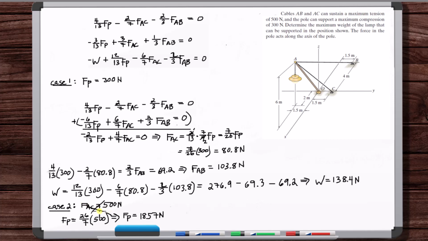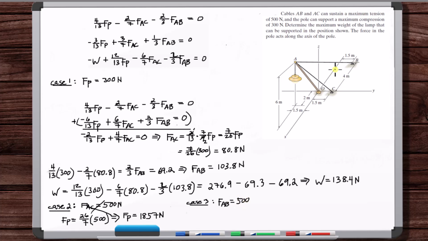So just plug in the maximum load in the rod, plug in the maximum load in each of the cables, and then solve independently for the forces and see what happens. So case 3, you've got FAB is equal to 500 now.